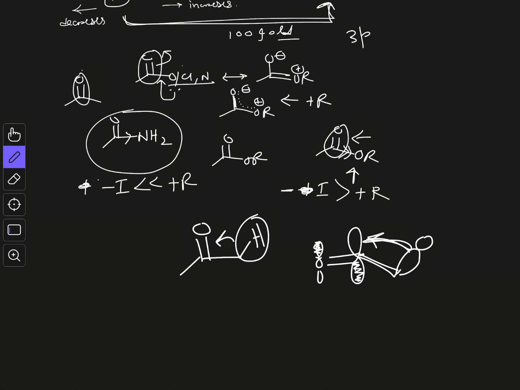This hyperconjugation is there, whereas in case of aldehyde you don't have this kind of hyperconjugation, and that's why ketone has a slightly lower stretching frequency than aldehyde, because due to this hyperconjugation the carbonyl double bond character is reducing. So we understood the fact.